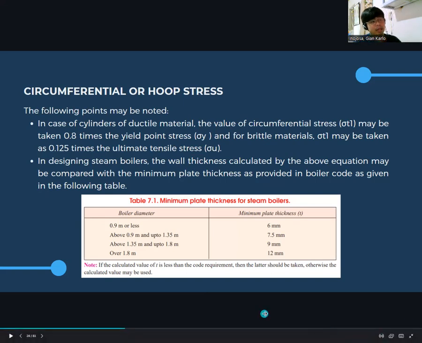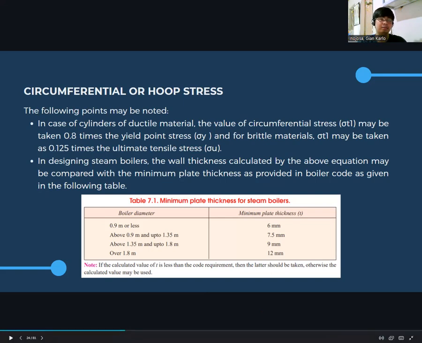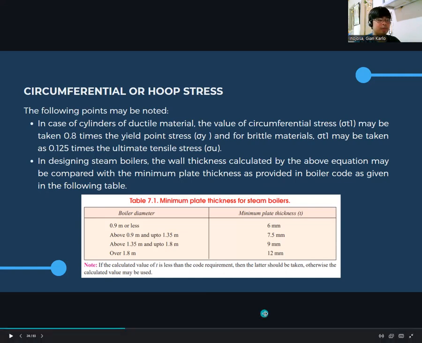For the minimum plate thickness for steam boilers, if our boiler diameter is 0.9 meters or less, the plate thickness of our pressure vessel should be 6 millimeters. For boiler diameters over 0.9 meters and up to 1.35 meters, the minimum plate thickness should be 7.5 millimeters.